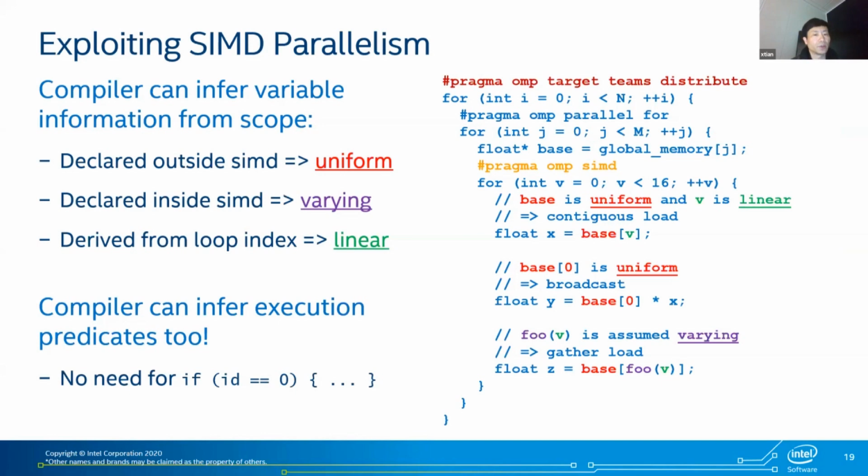If we know it's uniform, then we can use a scalar load/store instead of a vector load/store to reduce register pressure and so on. We enable all those analyses and tuning based on the OpenMP pragma simd to get better performance on both Intel's CPU and GPU.